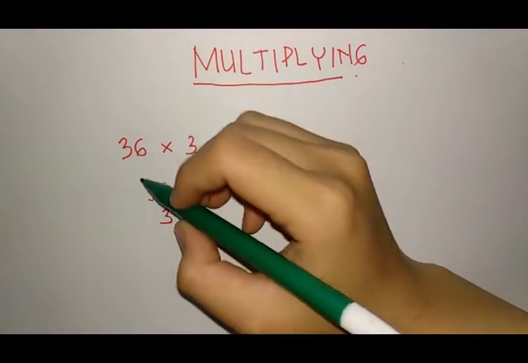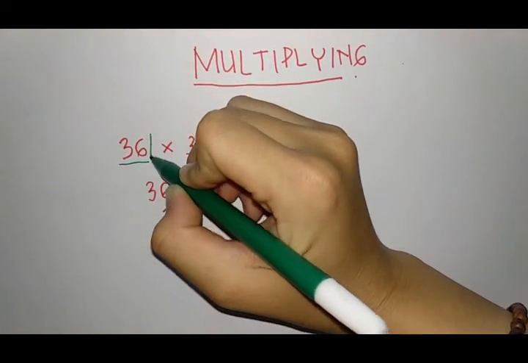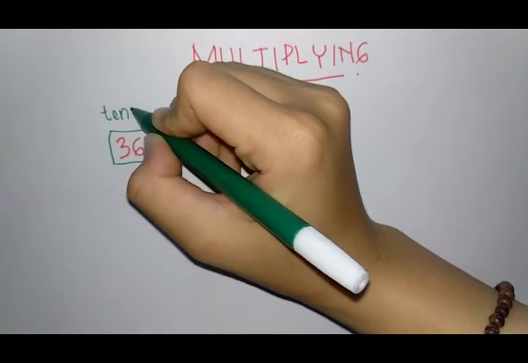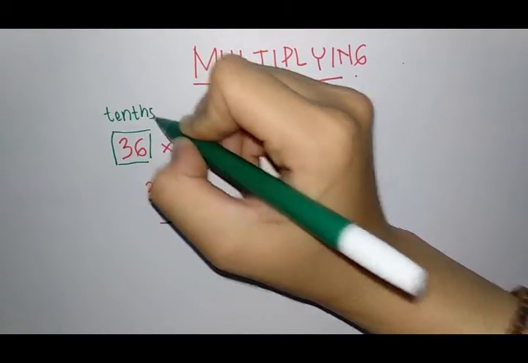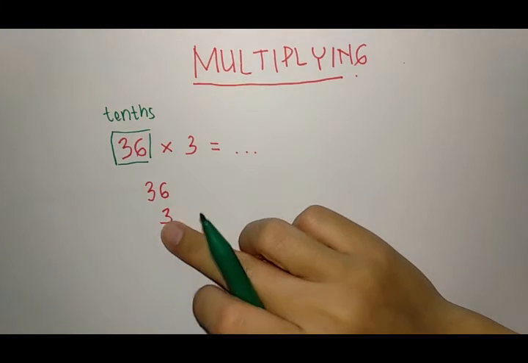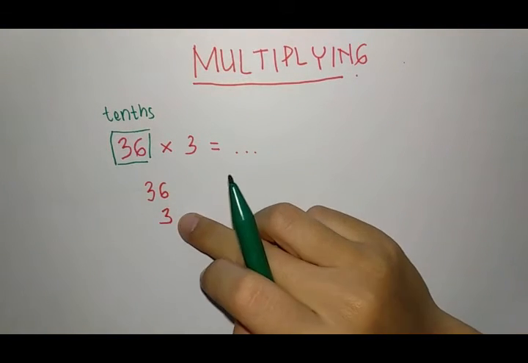Because 36 is tens. Do you remember about ones, tens, hundreds, thousands, 10,000s? If you remember, it can be easy. Why is 3 placed under the 6?